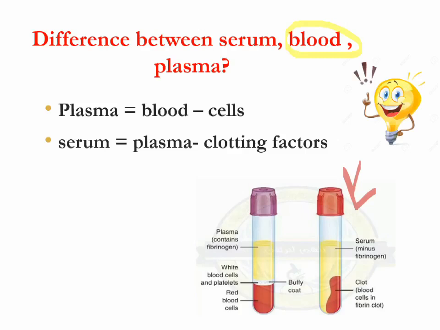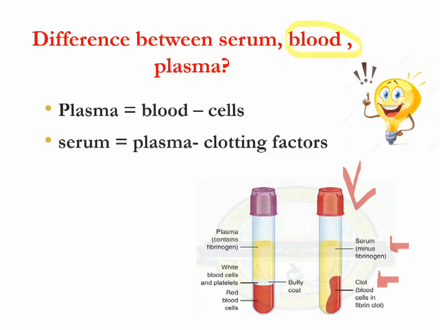Your platelets and your clotting factors will start to cause clotting of your blood. So here at the bottom you will find a blood clot, and at the upper surface you will find a supernatant, which is your serum, a fluid portion containing no clotting factors, because the clotting factors have been used in the formation of the blood clot.